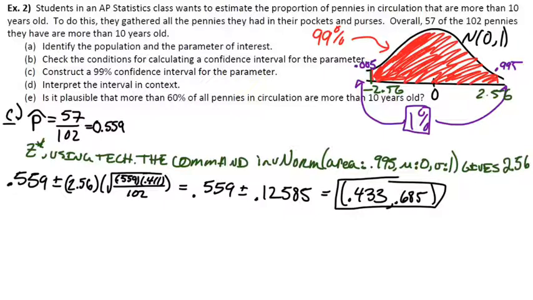So part C is good. P-hat, critical value, standard error of p-hat. There's our interval.